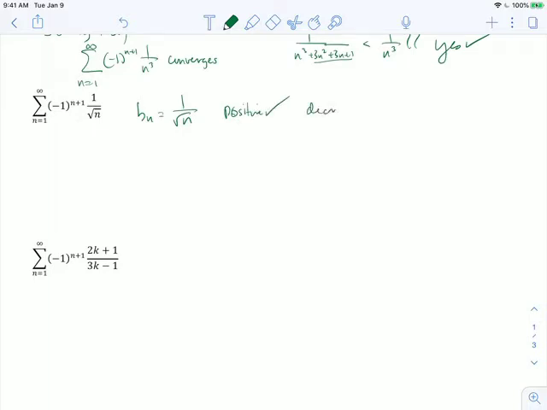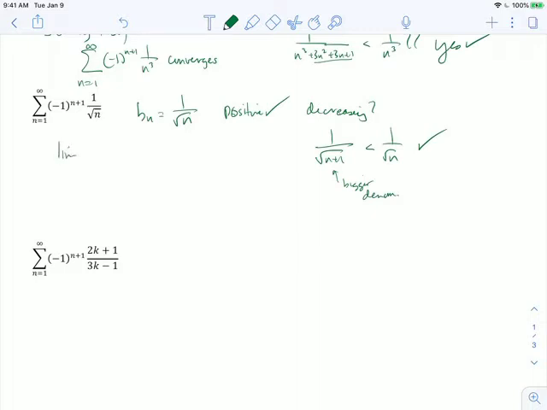And then decreasing, well, is b sub n plus 1 less than b sub n? Yes, it is. Again, n plus 1 is bigger than n, so the square root of n plus 1 is going to be bigger than the square root of n. And so therefore I've got a bigger denominator over here, which means I've got a smaller fraction.